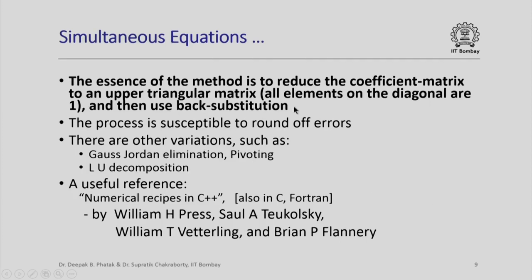So the essence of this method is to reduce the coefficient matrix to what is called an upper triangular matrix. That means all elements on the diagonal are 1 and there are non-zero elements on the higher side of the diagonal. Then we use the back substitution.